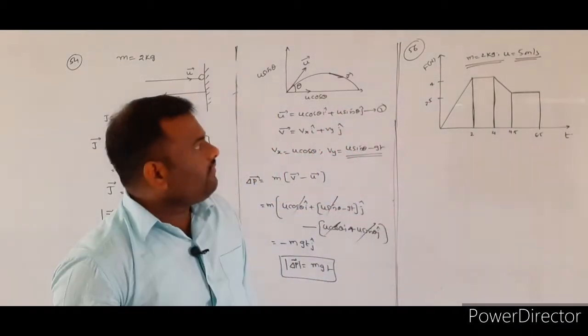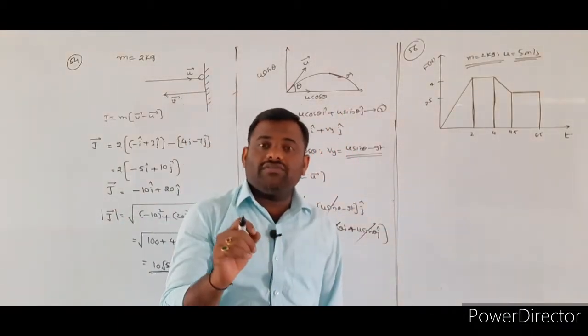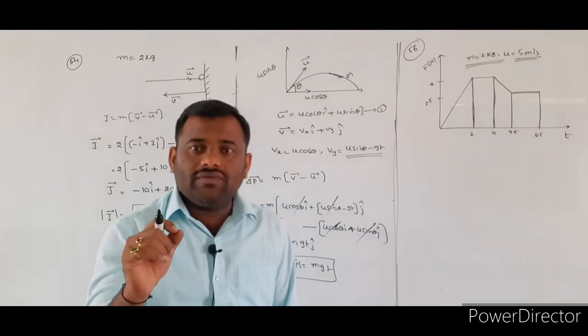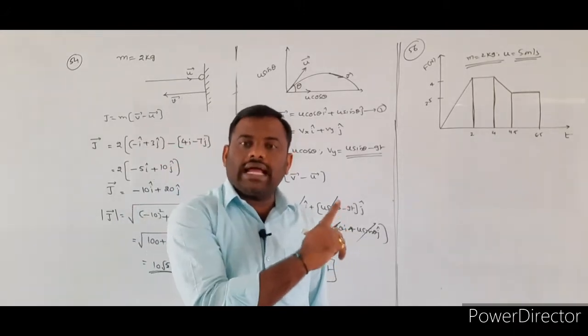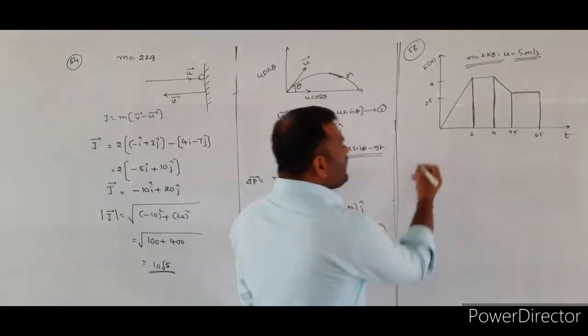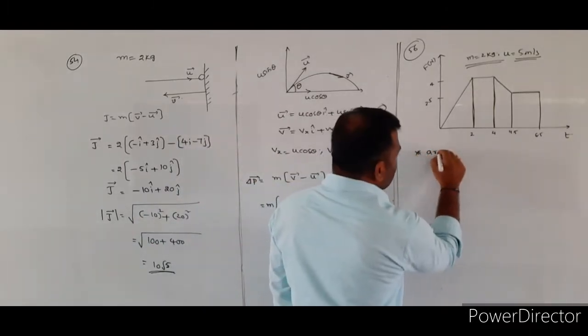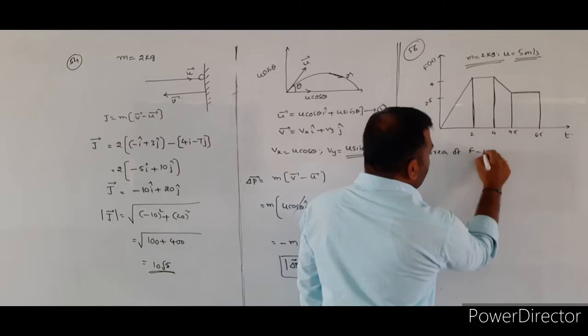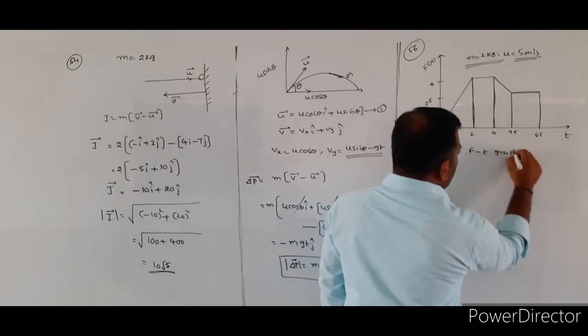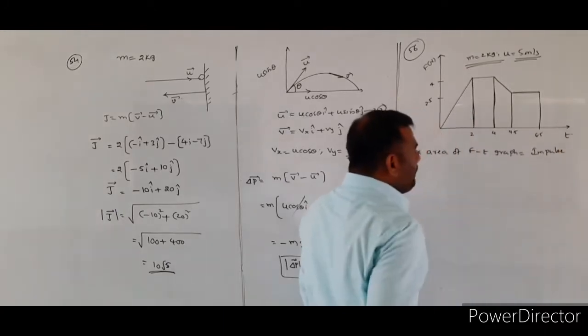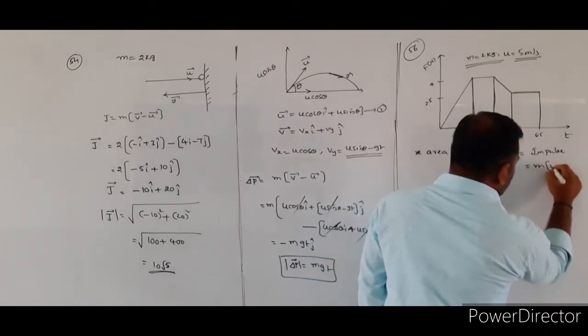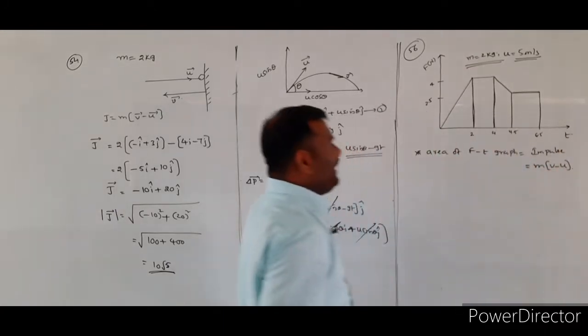Whenever the force time graph is given, what value will we get from this? We will get impulse from the force time graph. So the area of the force time graph is equal to impulse, whose value is equal to change in momentum.